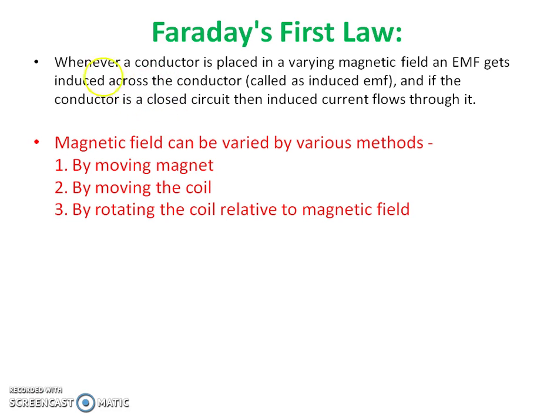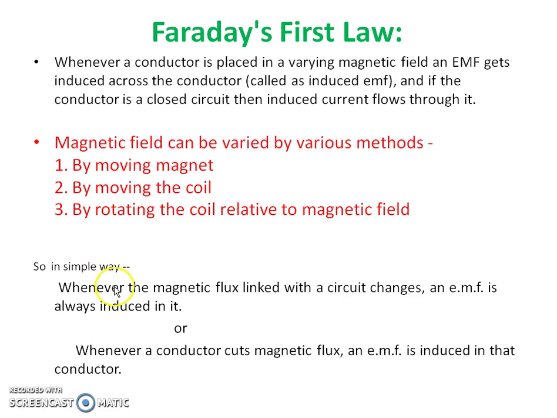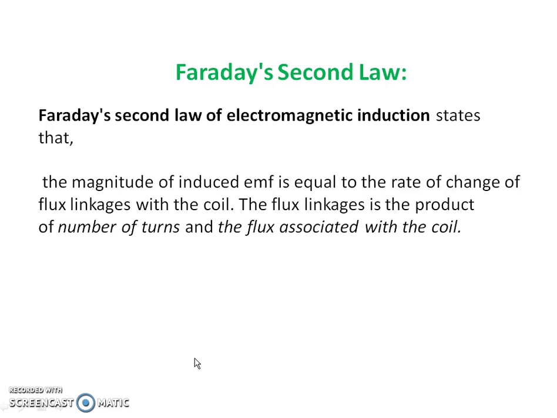The magnetic field can be varied by either moving a magnet, moving a coil, or rotating a coil relative to the magnetic field. So in a simple way, whenever the magnetic flux linked with a circuit changes, an EMF is always induced in it, or whenever a conductor cuts magnetic flux, an EMF is induced in that conductor.